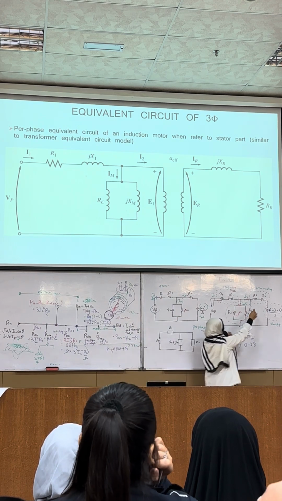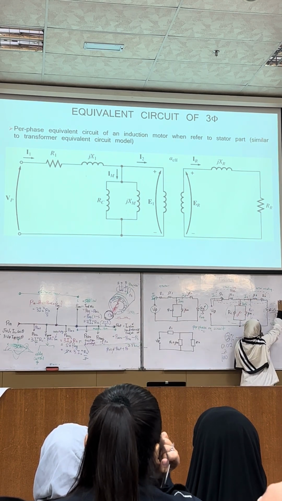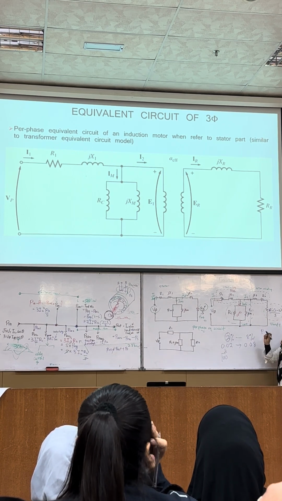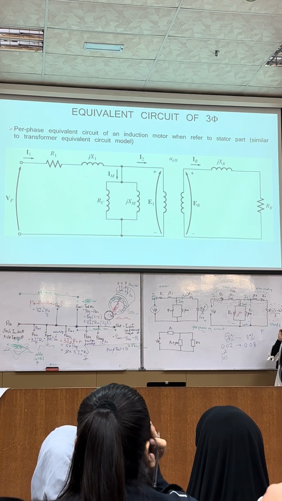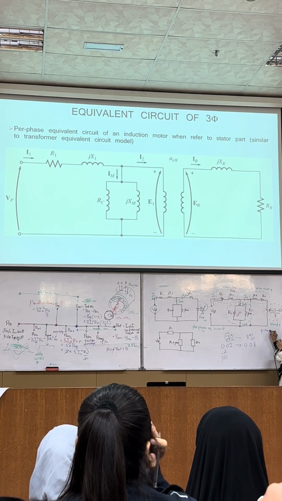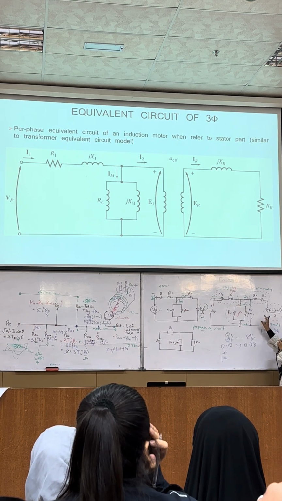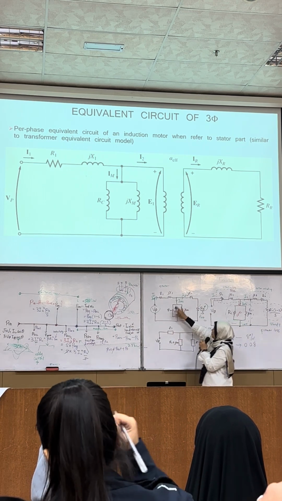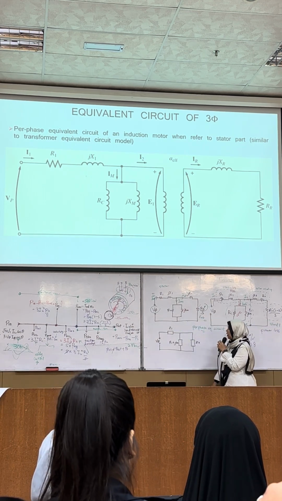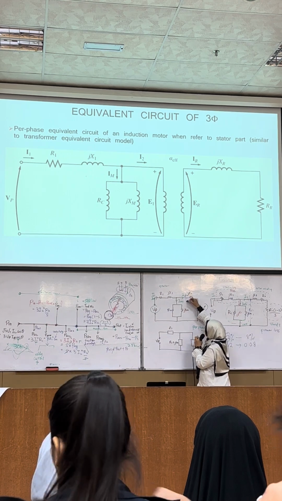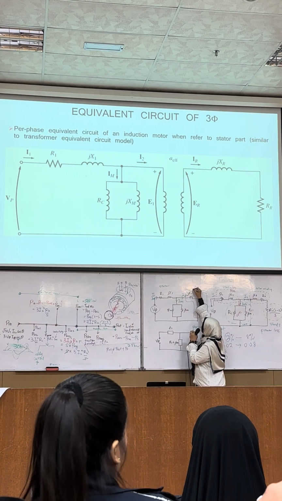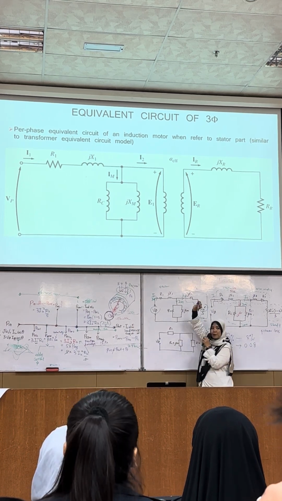This one is rotor, but they divide rotor winding and rotor shaft because this one is to equalize the power loss between this one and the fishbone punya diagram. Okay. However, this one is to calculate your stator current. This one is your what? Impedance of rotor.